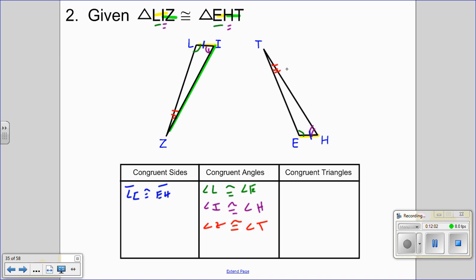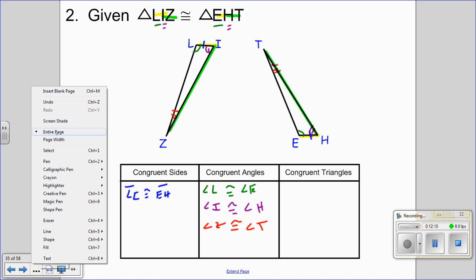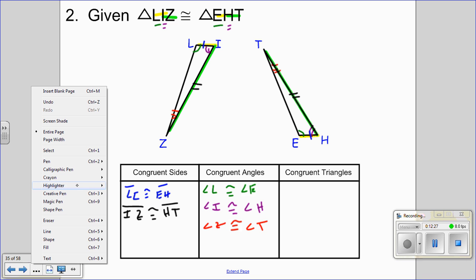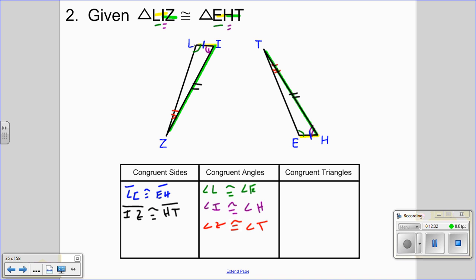IZ and HT. So it would get two tallies. And then lastly, you have LZ with ET.